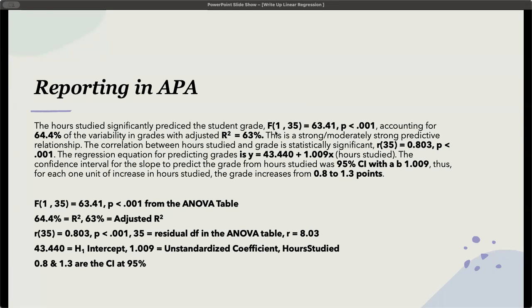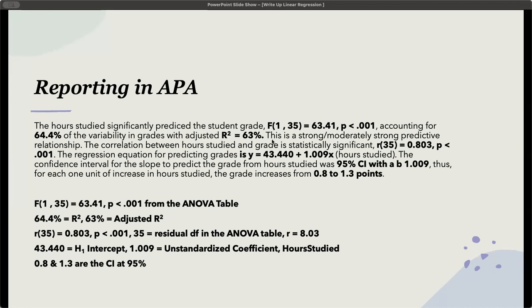With F, the degrees of freedom 135 equals 63.41. P is less than 0.001, accounting for 64.4% of the variability in grades, adjusted R squared or R2, 63%. If we look down below now, we can see that 64.4% is the R2 and 63% is the adjusted R2.